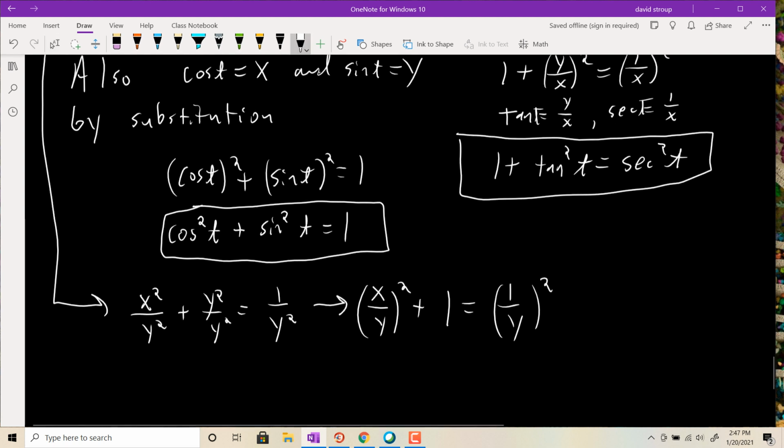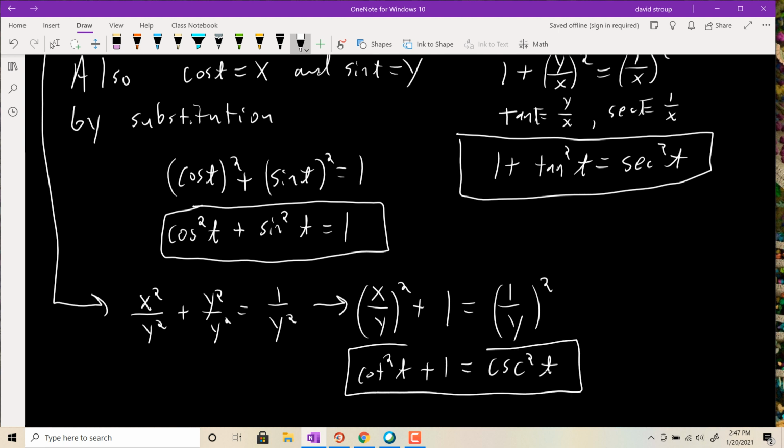So we'll have cotan squared t plus 1 equals cosecant squared t, and that's the third Pythagorean identity.